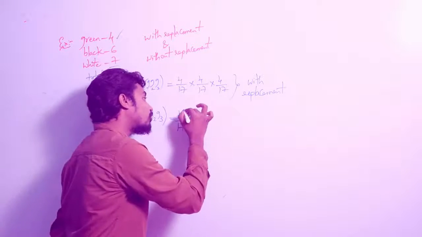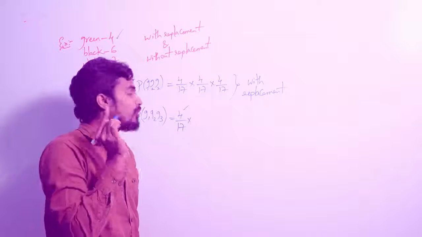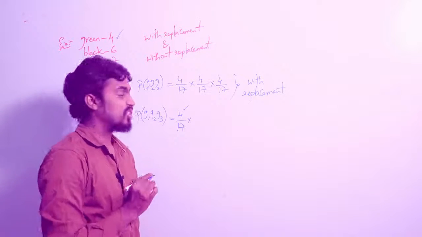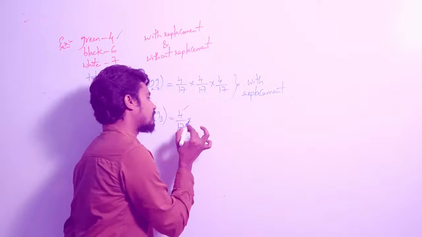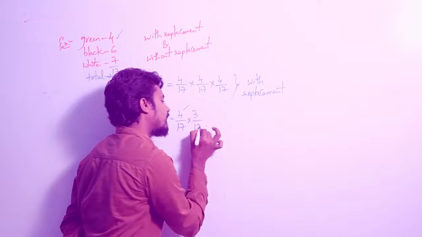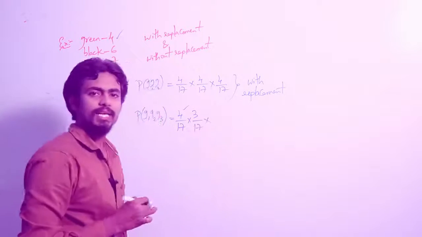Totally I have 4 green balls and I can't replace with another new green ball. Hence 4 will be reduced to 3, 3 divided by 17.